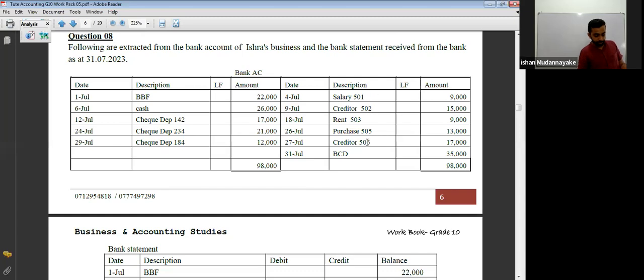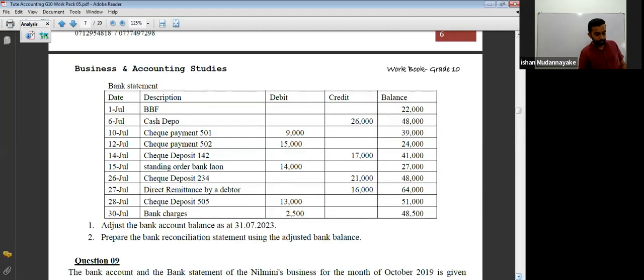And then this is the bank statement prepared by the bank, by the commercial bank. Let's say this is the bank statement prepared by DFCC bank, Sampath bank or BOC bank. The first requirement is to adjust the bank account as of 31st July 2023.